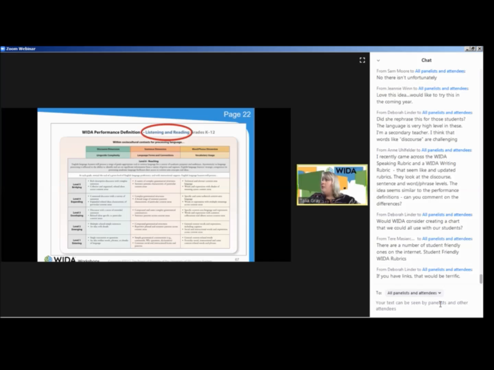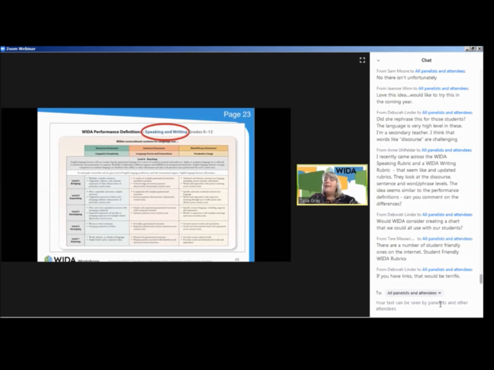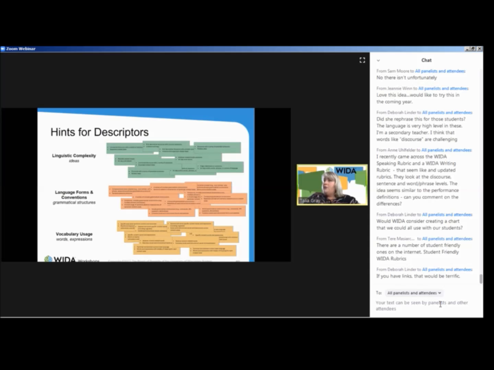All right, so moving on, these are the productive domains, speaking and writing. This is what a student produces for you. These are on page 23 of your webinar guide. Now I'd like for us to practice a little bit. You see here that these are hints for each descriptor that was in the chart.